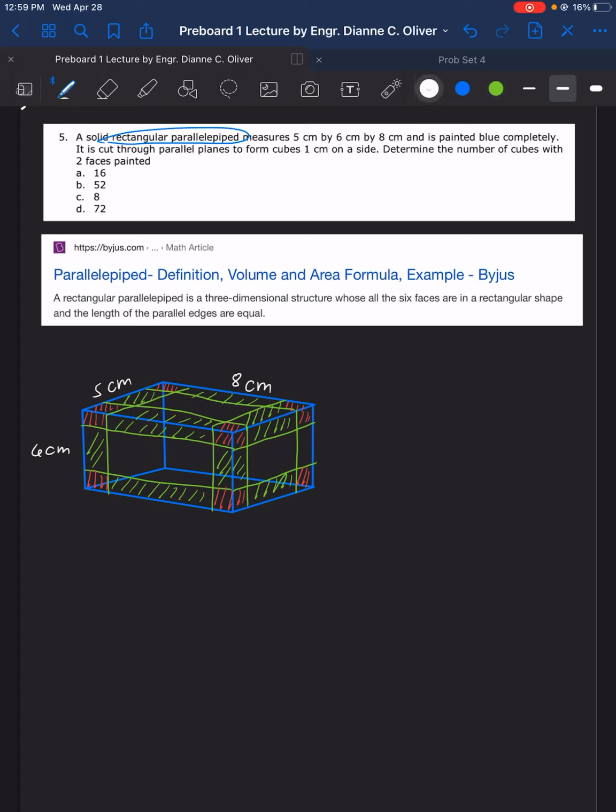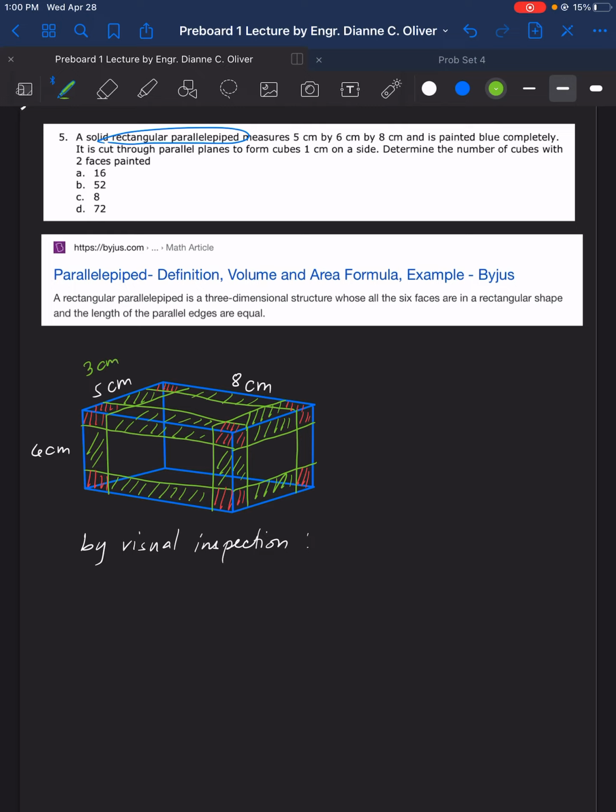So by visual inspection, what happens here is that the location of the cubes with two faces painted, if we are looking at this part here, the dimension there is 5 centimeters minus, so one cube is 1 centimeter, right? So this is 1 and then 1. So the one we're looking for becomes 3 centimeters.